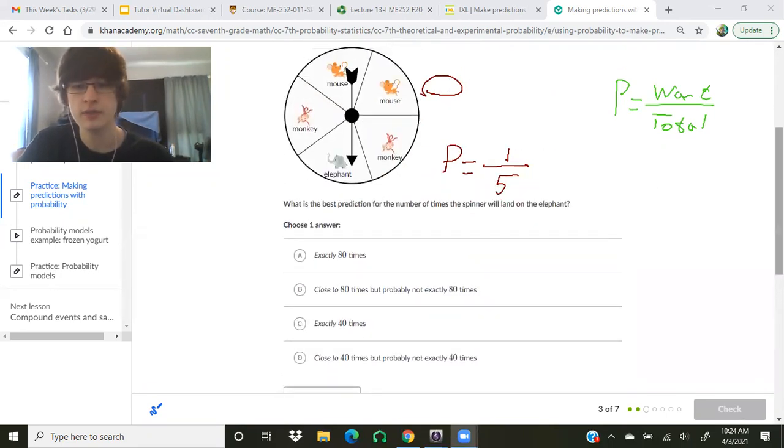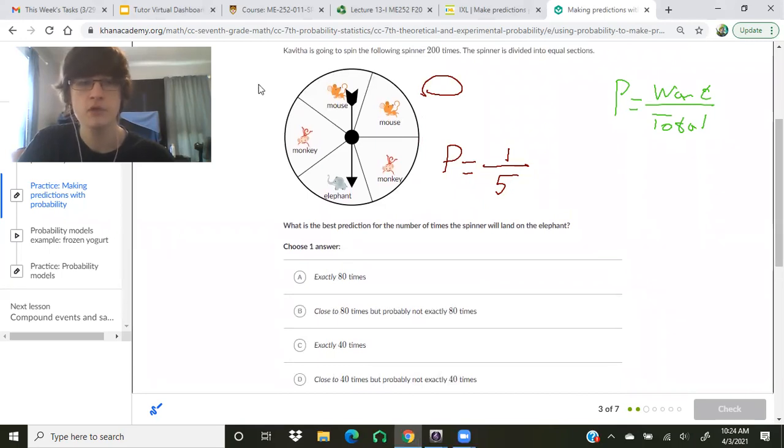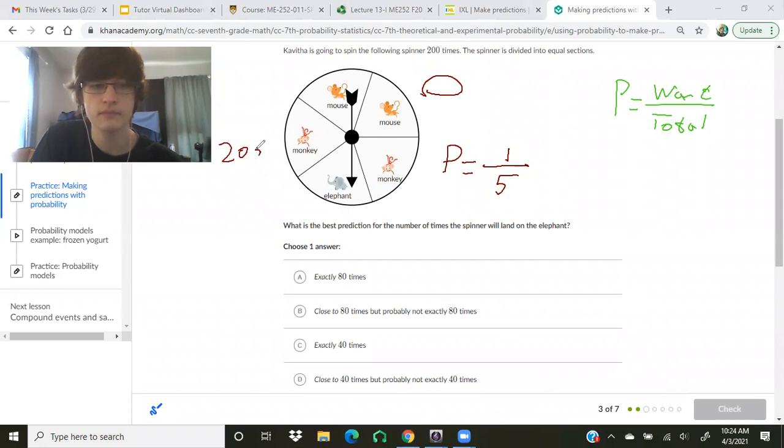And just scroll down a little bit so we can see all the answers here. So out of 200 times, what is the best prediction for the number of times the spinner will land on the elephant? Okay, it's a good question. So this time, because these numbers are a little bit closer, we'll do some quick math.